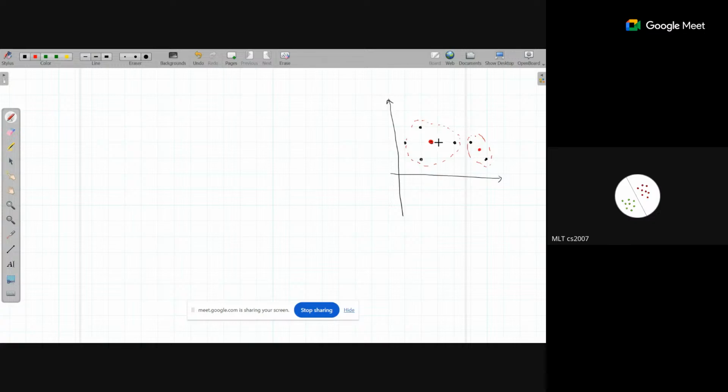Let's say this is 1 unit, this is 1 unit, this is 1 unit, and this is 2 unit. Just assume it. And here also, this is 1 unit and this is 1 unit. And the distance from here to here should be less than 2 only, so let's take 1.5.